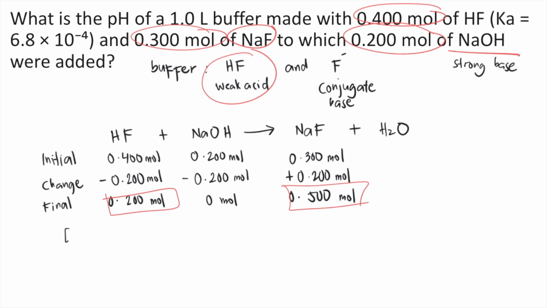So first, let's get the concentration of HF. Remember, how do we solve for molarity? That's moles per liter. So we have 0.200 moles of HF divided by, in the problem we are given 1 liter of the buffer. So divided by 1 liter. So the concentration of HF is 0.200 molar.